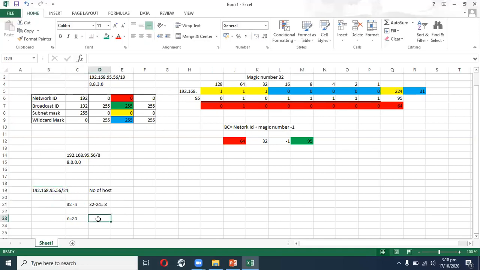So the number of hosts is equal to 2 to the power n minus 2. So 2 to the power n will be 2 to the power 8 minus 2.